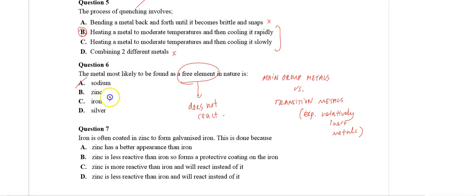Now zinc, iron, and silver, these are all transition metals. Now just a note, the most inert of the transition metals are the ones that you find in the bottom right hand corner of your transition block.